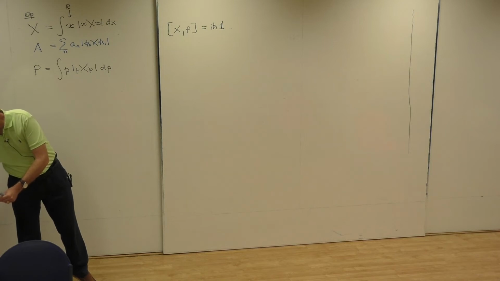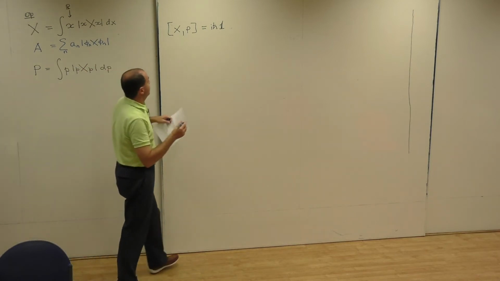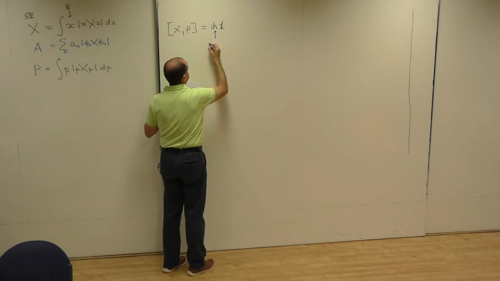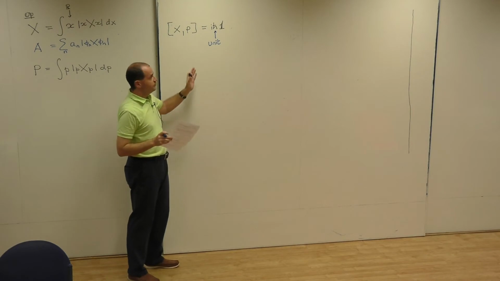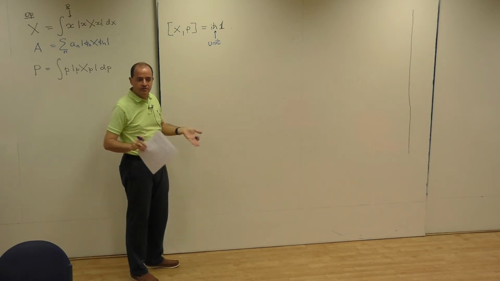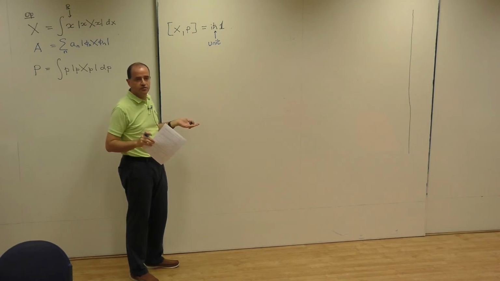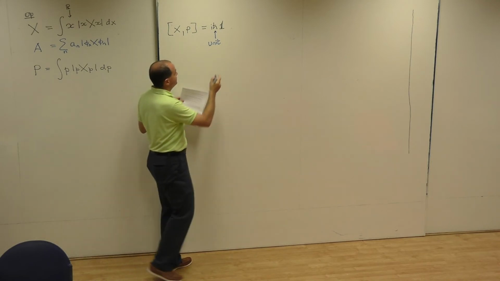Let's see what it implies. Well, the h bar is a unit factor. So it's a number that the theory cannot predict. You have to measure it. You have to try to find out what this number is. It turns out that it's the famous Planck constant divided by 2 pi. But what really is dramatic is this.